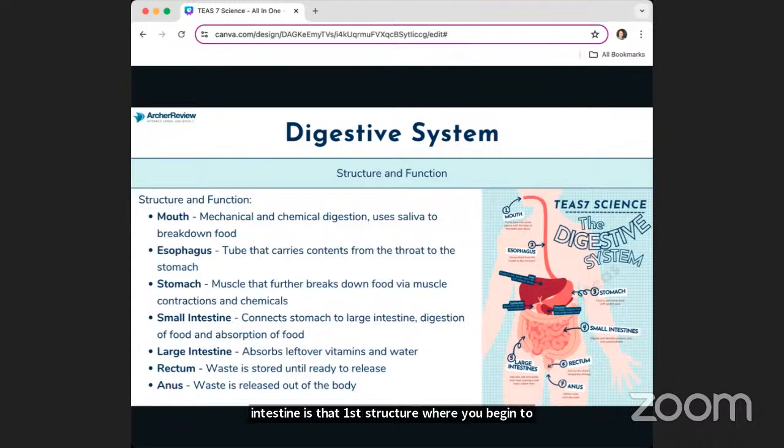Moving on to the large intestine, it absorbs some leftover vitamins, but mainly it absorbs water, helping to turn whatever is left into more of a solid form. That solid form is stored as waste in your rectum until you are ready to release it. Then the anus is the last stop of the digestive system, where that waste is finally released out of the body.